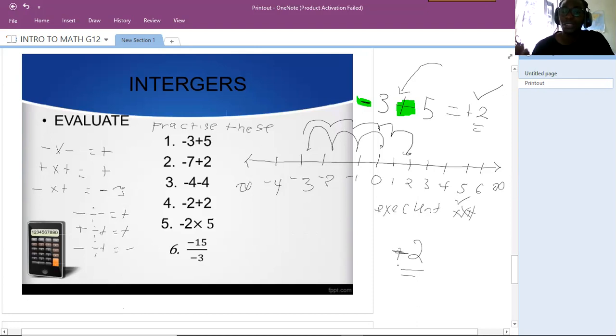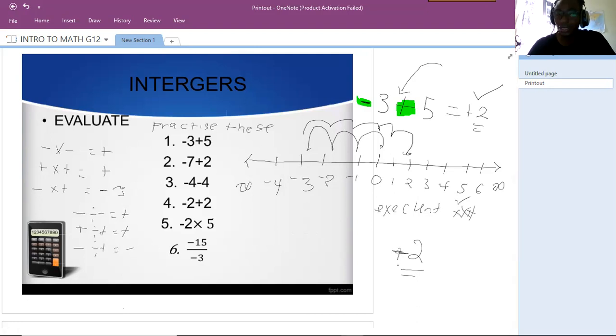Step 1, you are going to try to figure out the sign of your answer. How do you do that? You ask yourself, which number is bigger between 3 and 5? The answer is 5, meaning our answer is going to be a positive. Then the second step, you look at your signs.